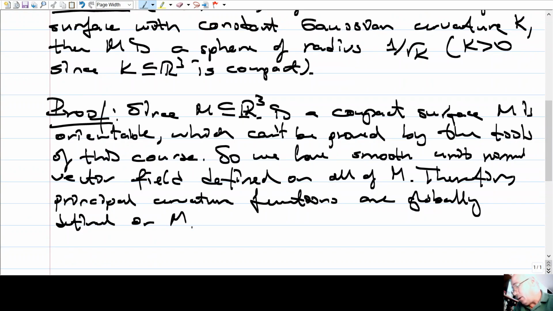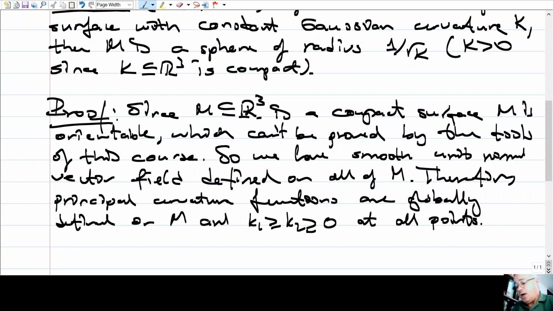And K1, which is larger than K2, are positive at all points. Why is that? Because we know that Gaussian curvature is positive, therefore both of them are positive.